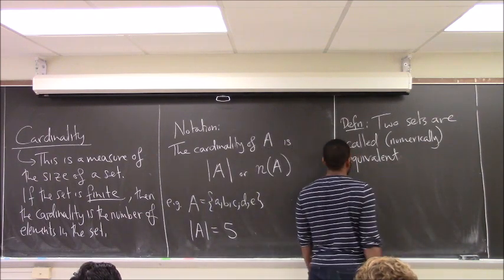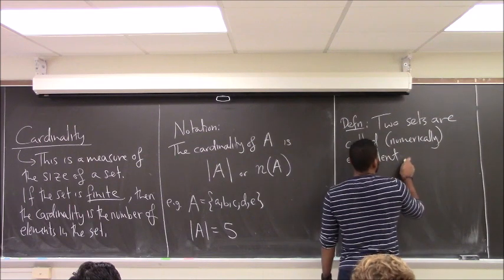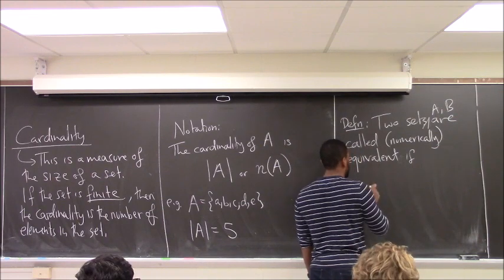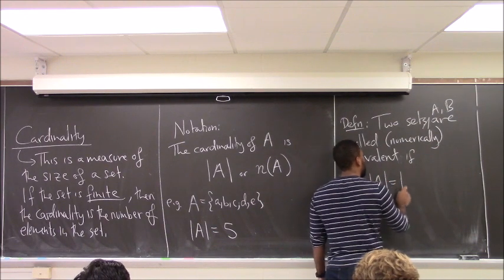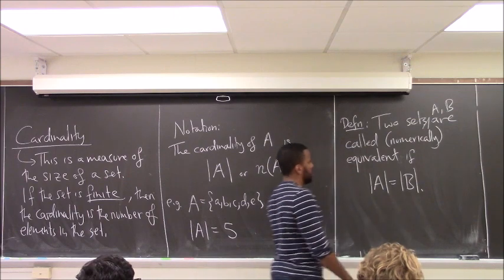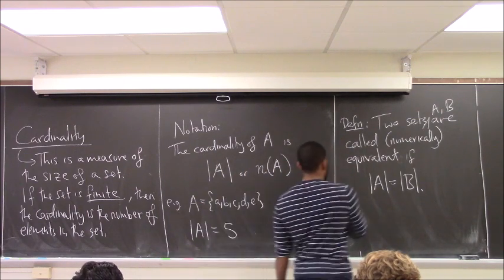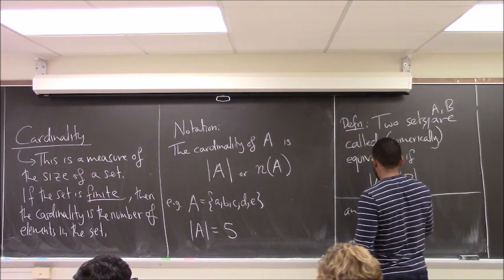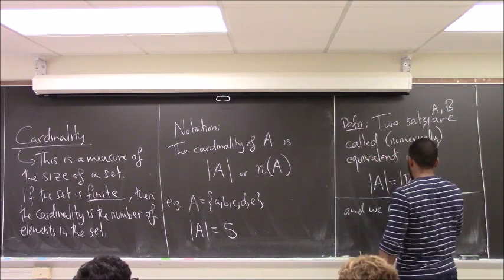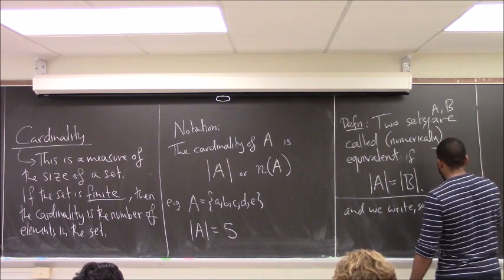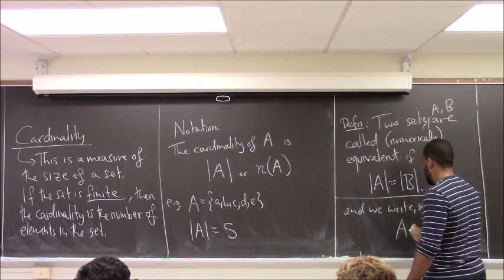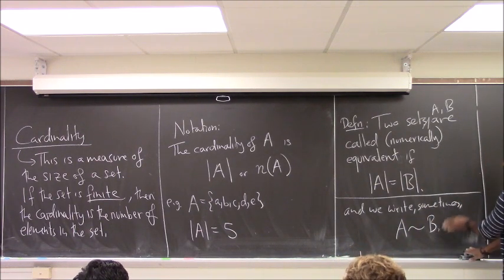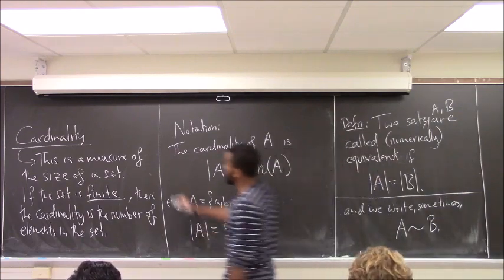When we say two sets A and B are equivalent, it means the size of A is equal to the size of B. Sometimes we write A is equivalent to B, with a special symbol. So we can write this or that, and it means that they are numerically equivalent.